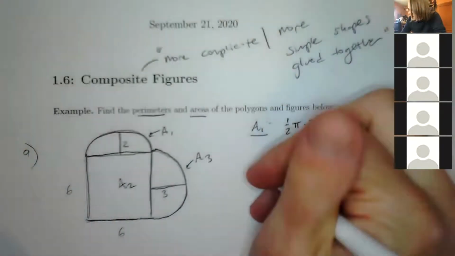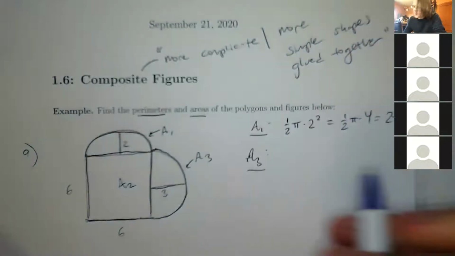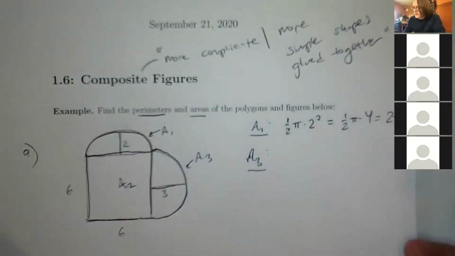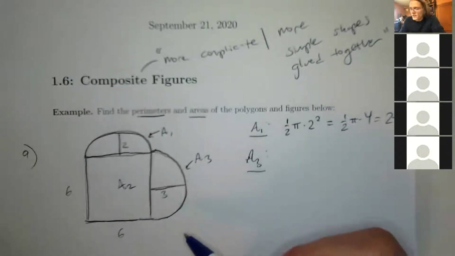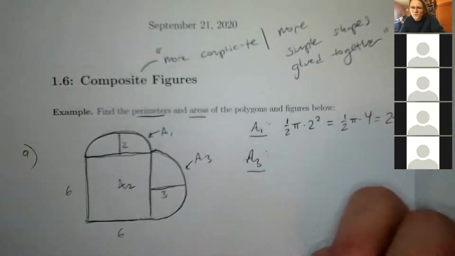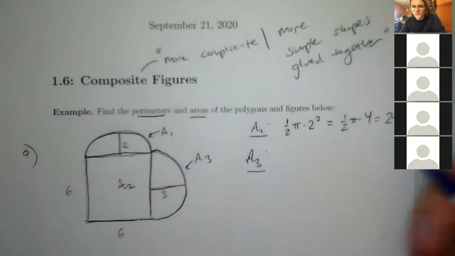For A3, I'll do it right now because it's another half circle. Technically, I'm telling you it's a half circle, but it might not have been clear from the shape whether it was or not. So if you're worried about that, I'm telling you it's a half circle.